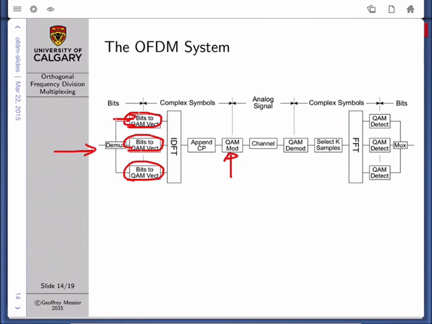We discard the cyclic prefix, or basically just select k samples, and go through our FFT. At the output of our FFT, we have the QAM symbol for each OFDM orthogonal subcarrier. That passes through a series of parallel detector blocks to convert back into bits, and the bits are then multiplexed together and continue on to the higher layer of the protocol stack.